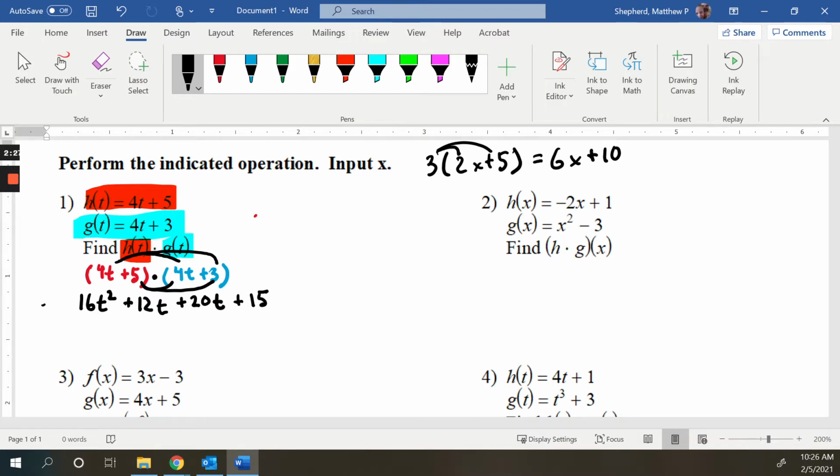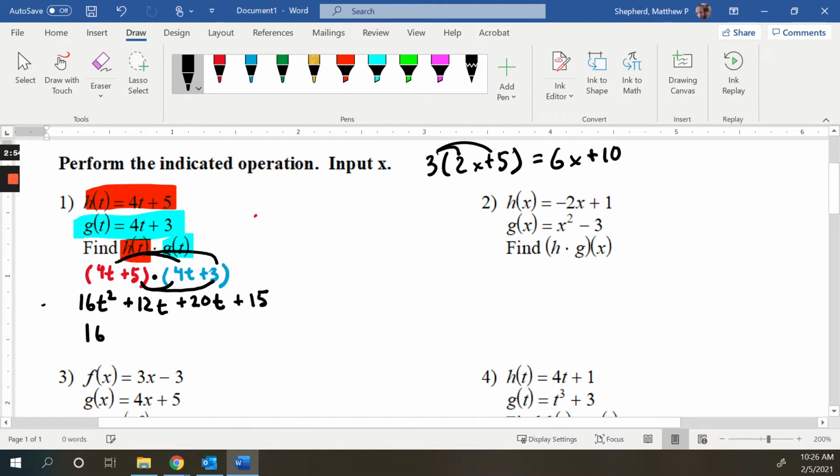And now all we need to do is combine like terms. Like terms are going to have the same variable to the same power. So yes, we've got that 16t squared, but because it has an exponent of 2, that means we can't just combine it with these others. I can't do 12t plus the 16t squared.